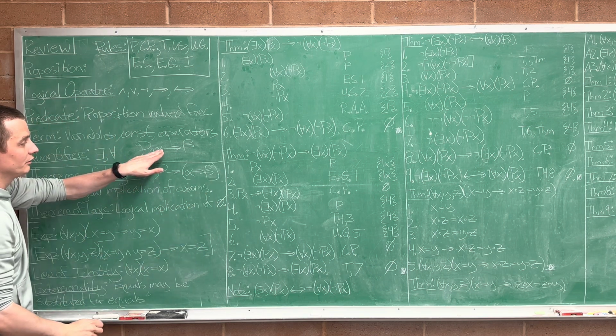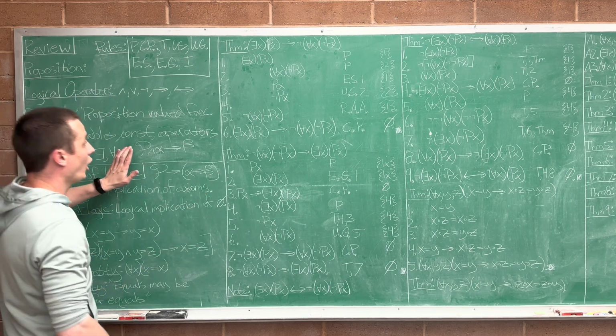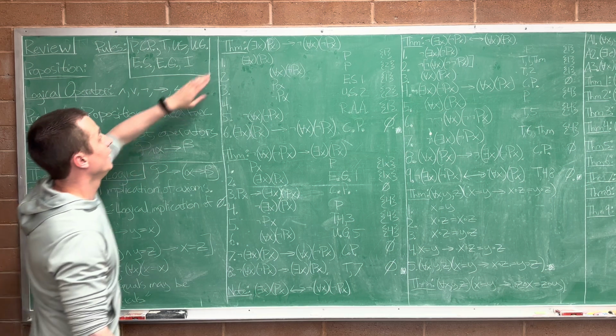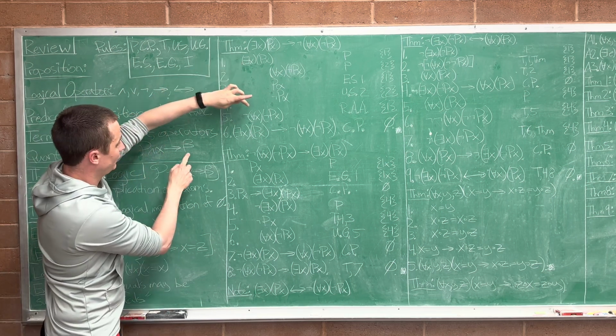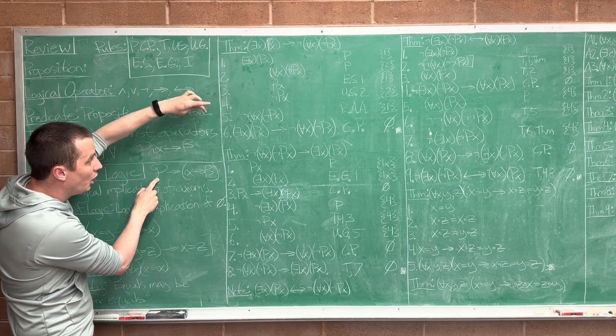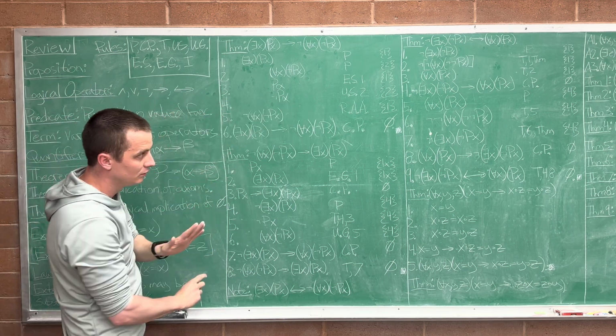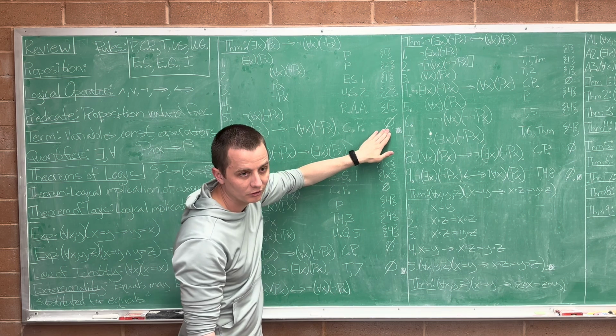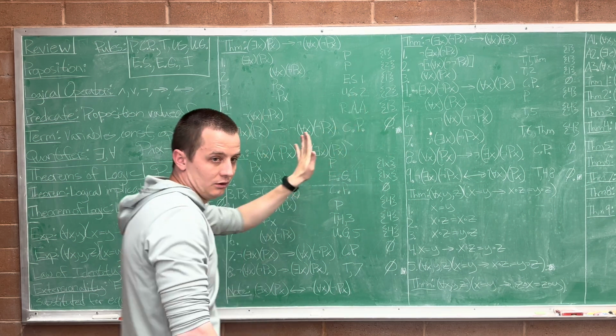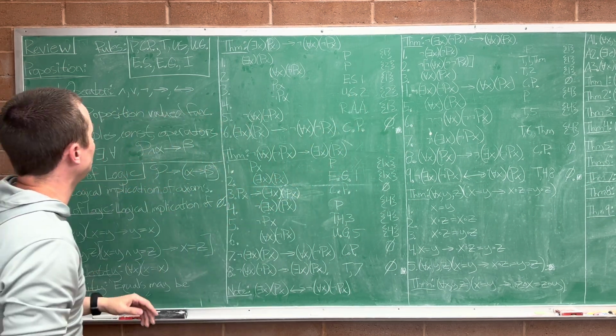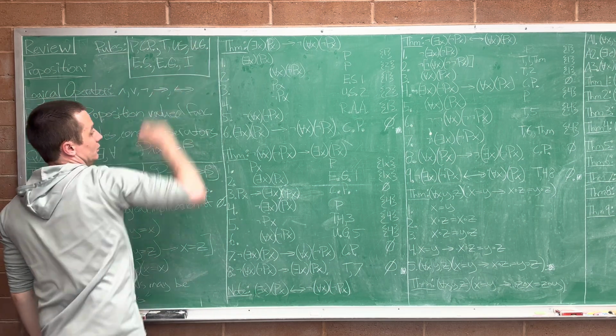So it enables me to get rid of alpha as a premise. So I take all my premises, which was nothing, and alpha, show that implied beta, and therefore my premises alone, which is nothing, gives me that alpha implies beta. And so we're now dependent upon no premises, which makes it a theorem of logic. We are not assuming anything to be true outside of just our rules of derivation.